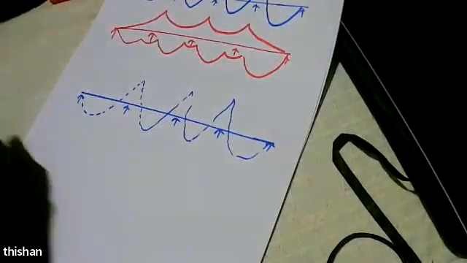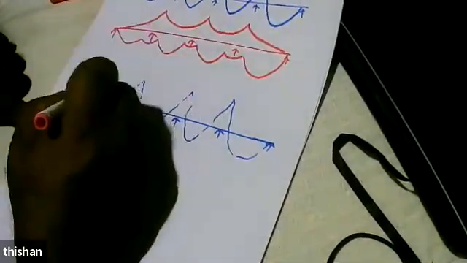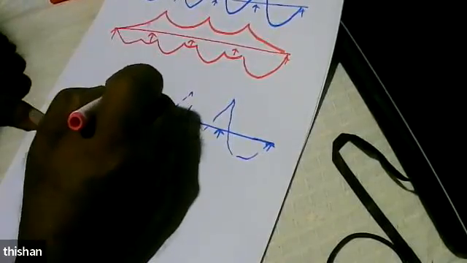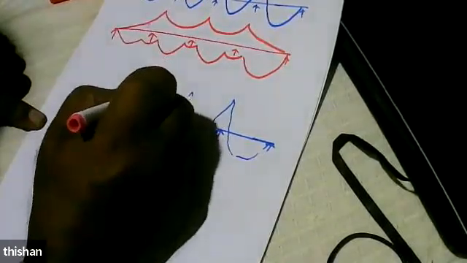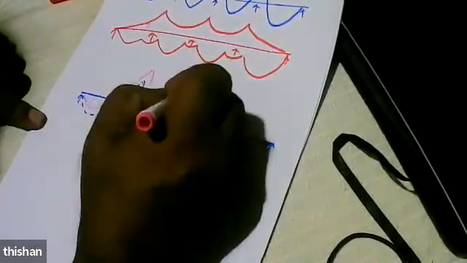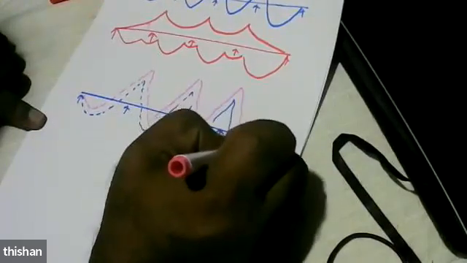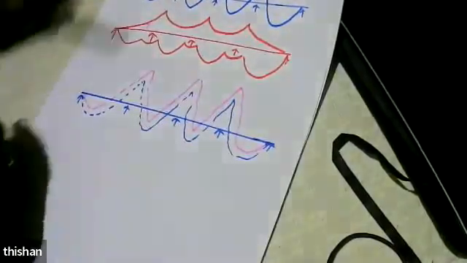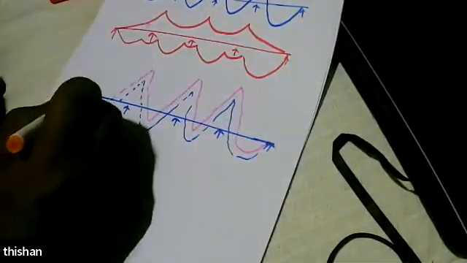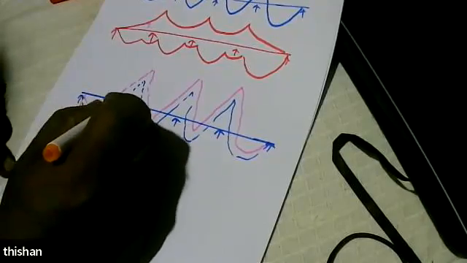The minimum moment is negative, so this will go above, and the maximum will go below.